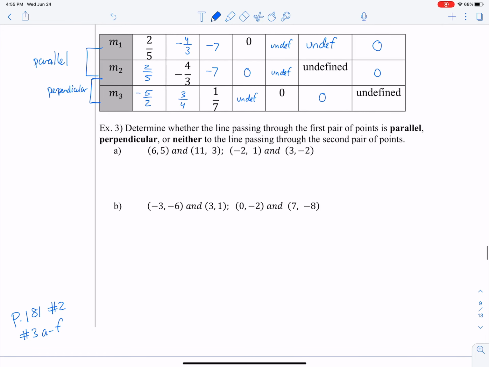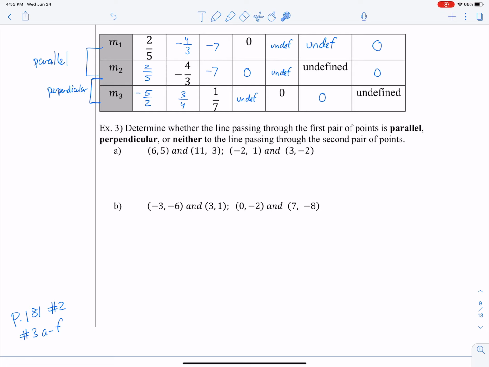Next, determine whether the line passing through the first pair of points, so this is our first pair of points, is parallel, perpendicular, or neither to the line passing through our second pair of points. So what we have to do here is use this first set of points.